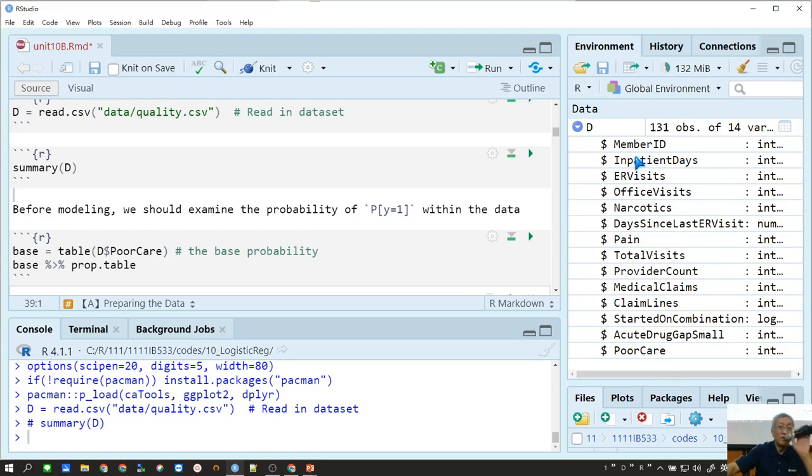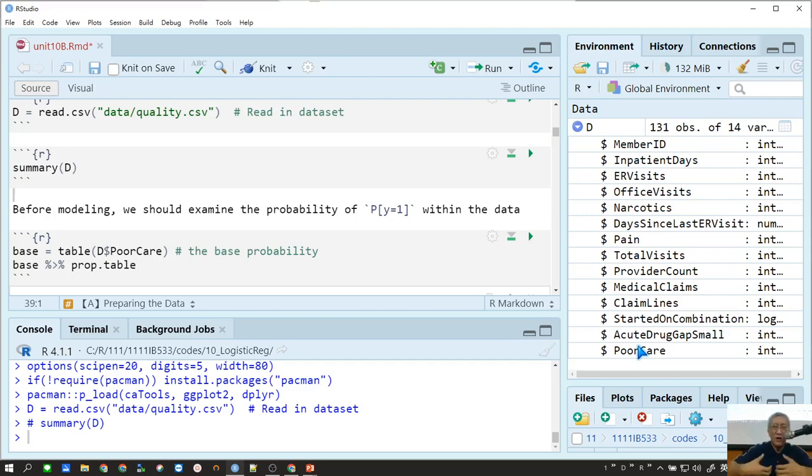Now we have a data set like this. This is actually data from an insurance company. The purpose of this data is to predict the quality of care for some diabetic patients.